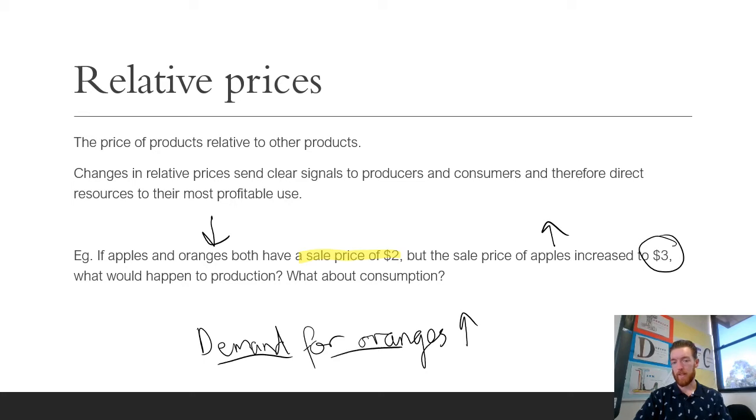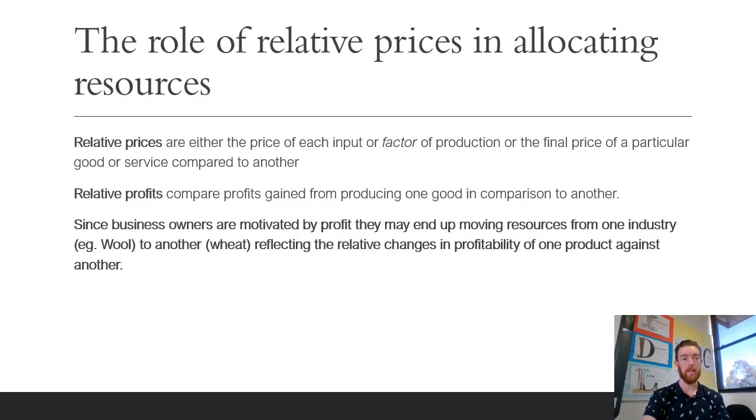You're going to want to maximize your value to maximize your living standards. So that's going to be a little bit different. Suppliers want to put resources towards whichever is going to have the highest relative price because it's going to be more relatively profitable. Consumers are going to want to put their money towards whichever has the lowest price, as it is going to be marginally more beneficial for them.